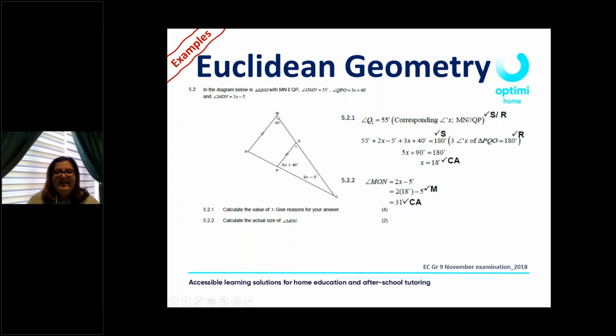So you can see they say the angle MON was said to be 2x minus 5. I did calculate x in 5.2.1, and I'm going to substitute it into the 2x minus 5, and then your answer will be 31.